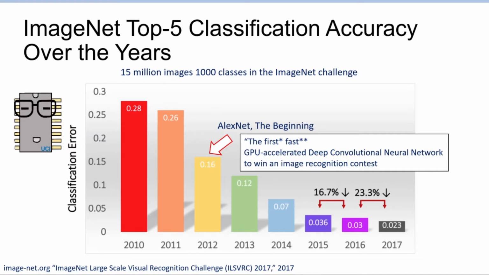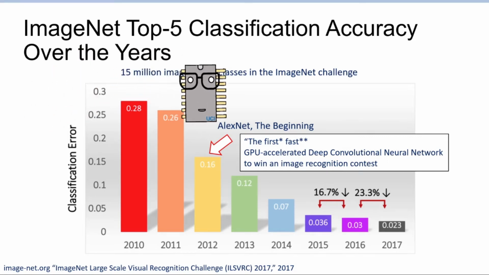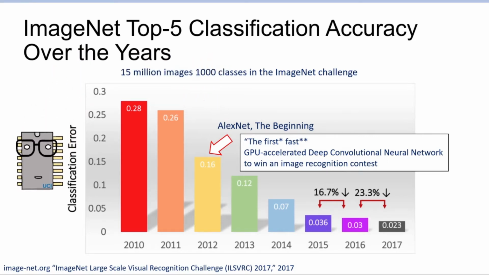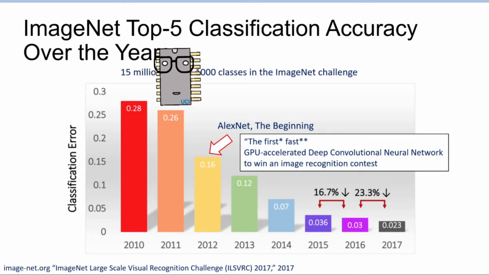So for every single photo, the neural network gives a top 5 list of what it thinks it is, and it checks if the correct answer is among it, because there may be more than one object in the photo, for example. And accuracy has continuously increased, so lower is better in this example because the y-axis is classification error. So accuracy became better and better over the years, slowly.